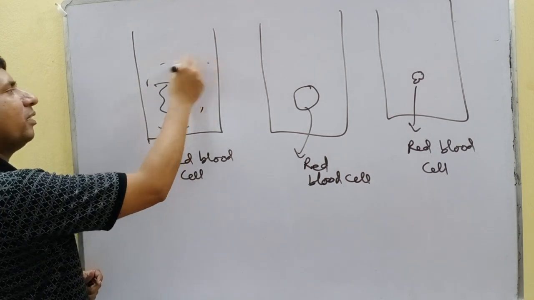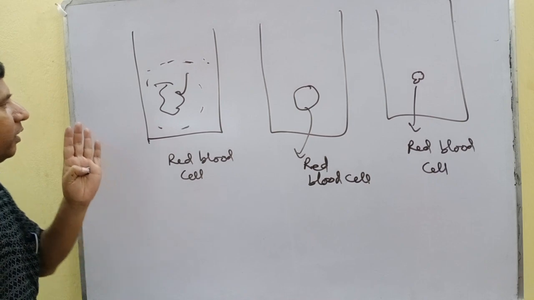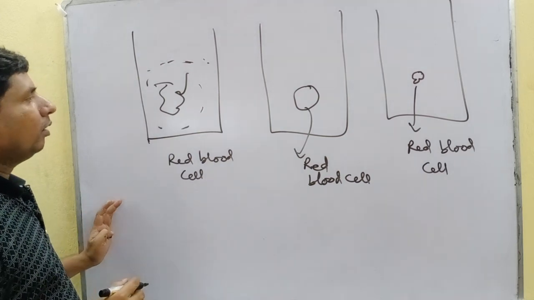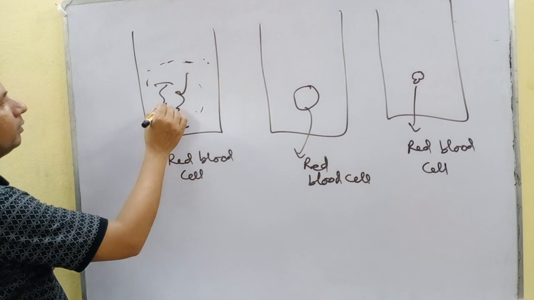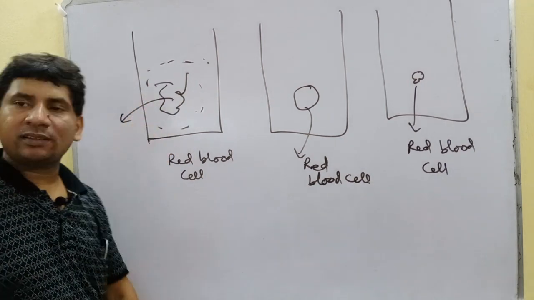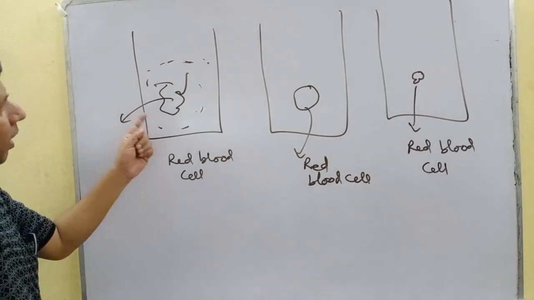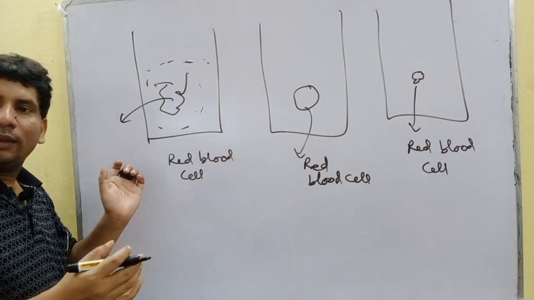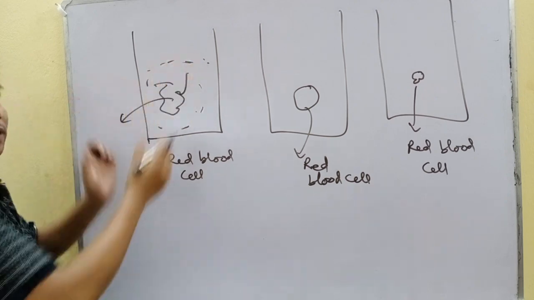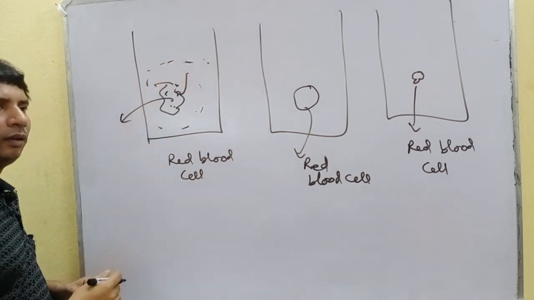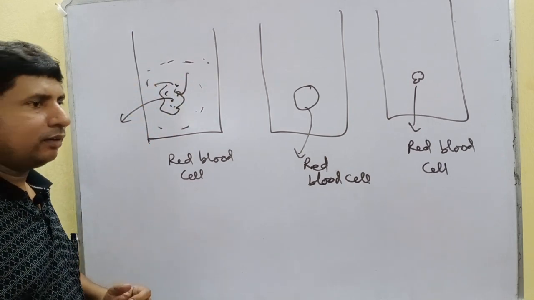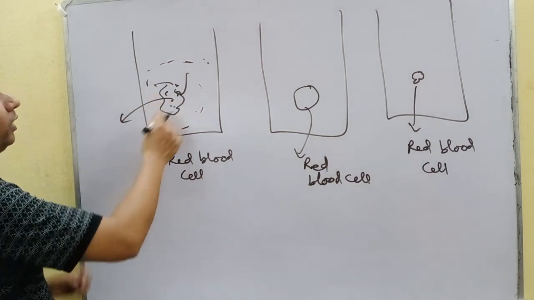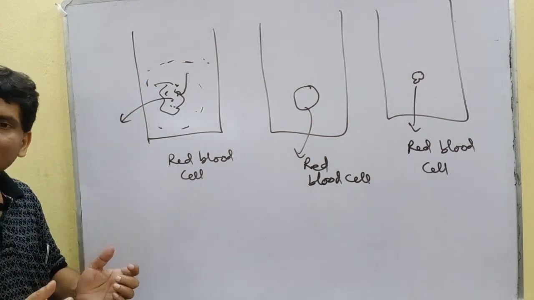There is a solution. If it is normal water, then the density of the blood cell is higher than normal water, so it will swell or undergo hemolysis. That means it will burst, okay, because the pressure is higher, that is, the concentration inside the red blood cell is higher than the normal water, so it will swell or hemolyse, or burst.